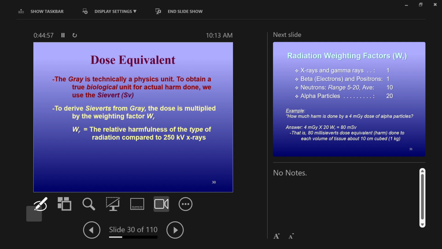But you can't tell how harmful that will be until you tell me what type of radiation it was. Again, as we've learned, certain types of radiation are much more harmful than others. You learned last time that alpha particles are much more harmful than beta particles. Beta particles are more harmful than gamma rays.